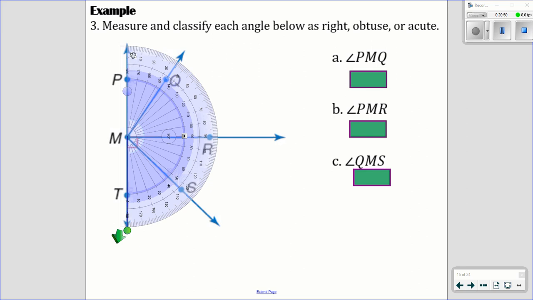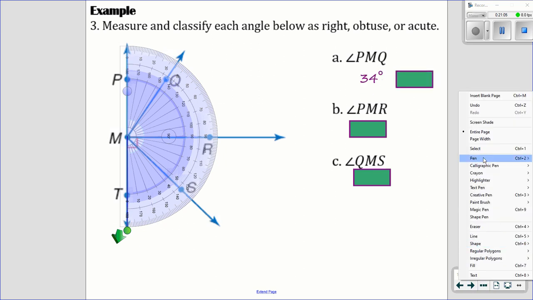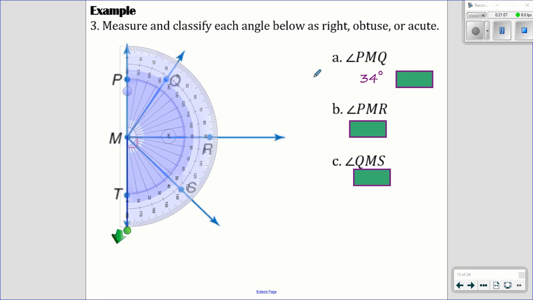So 0, I'm going to go up. So it looks like it's 34 degrees. So that means it is less than 90. It is an acute angle. So it's 34, and I should write acute.